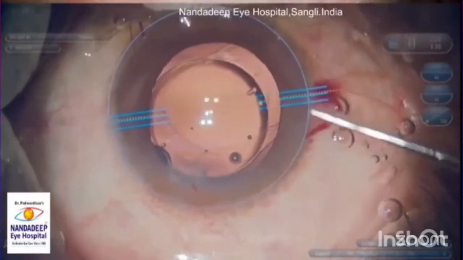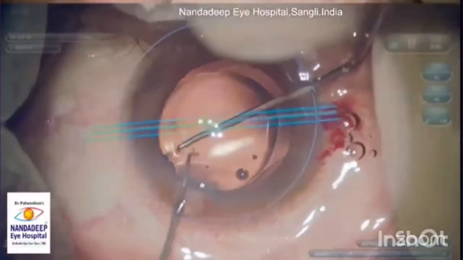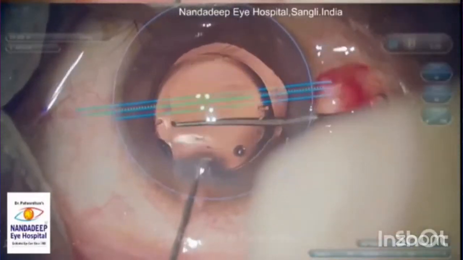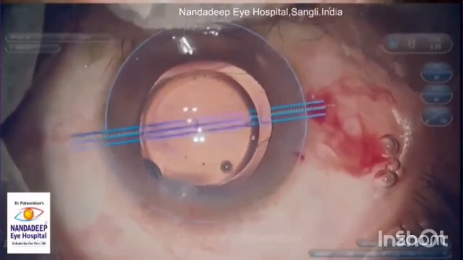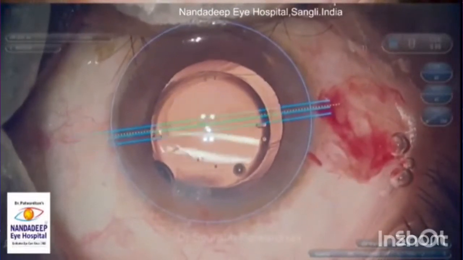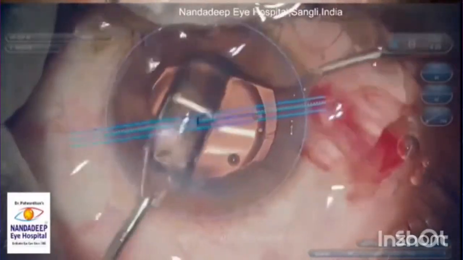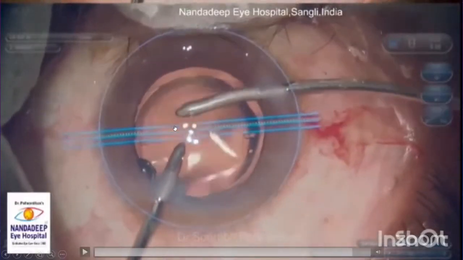And this is the Callisto system, which is showing the actual axis where the IOL should have been. So now we are redialing the IOL to the correct axis. So after this, the visco wash was done and the patient was closed up.